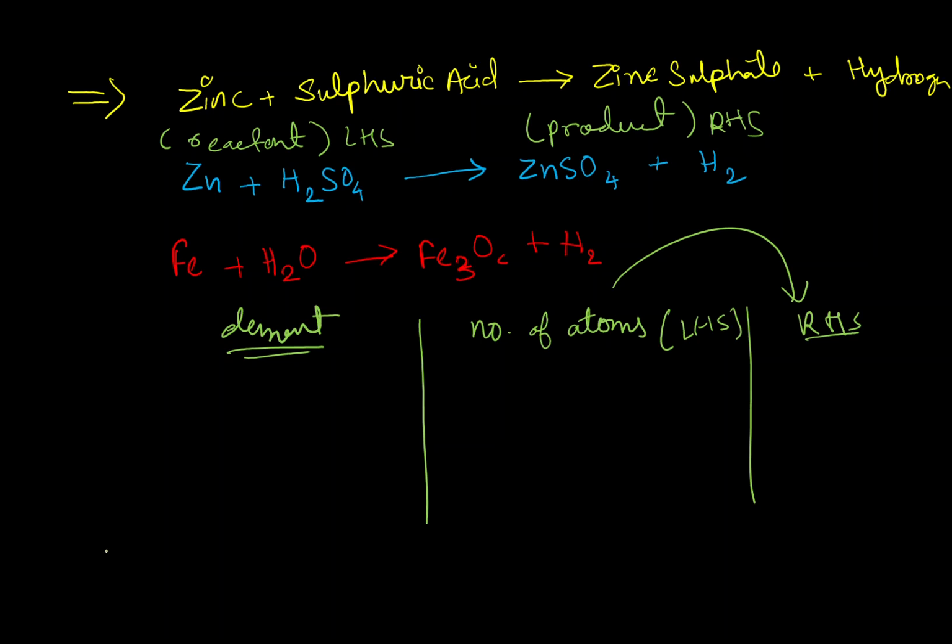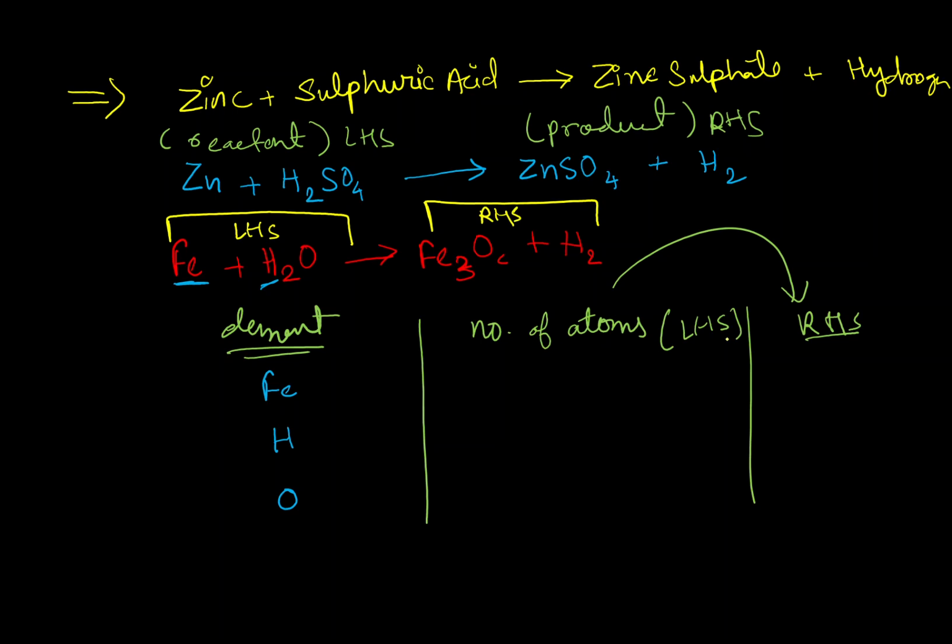Now the elements we have here are Fe, which is iron, hydrogen H, and O. Now let us notice, this is the left hand side and this here is the right hand side.